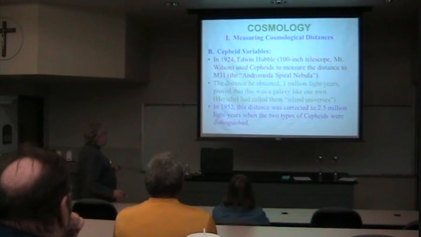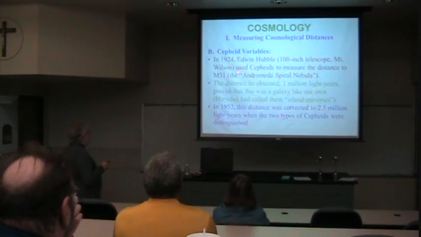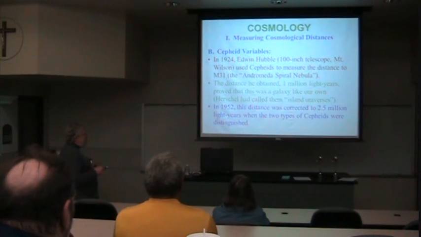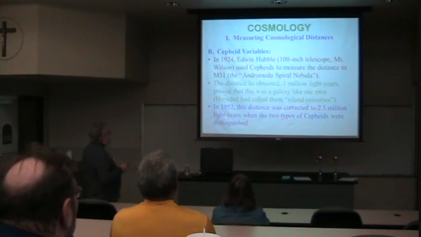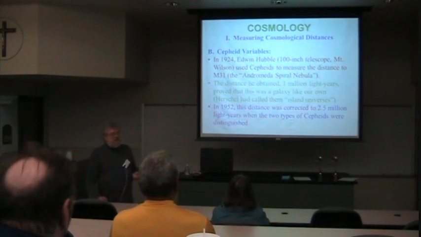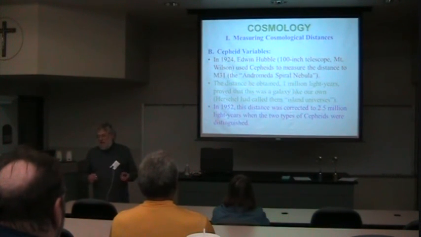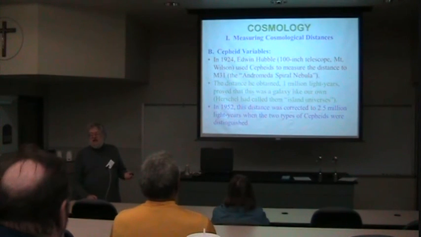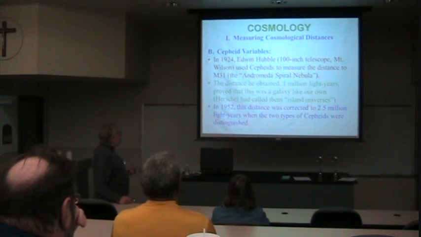And this pretty well wrapped it up. When he measured the distance to Cepheids using the biggest telescope in the world at the time, he found that the Andromeda Spiral Nebula was 1 million light years away, which, if Shapley had just come up with the idea of 50,000 light years for the size of the Milky Way, clearly put it way outside of our galaxy.